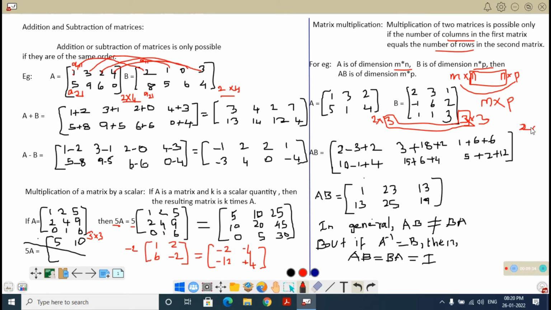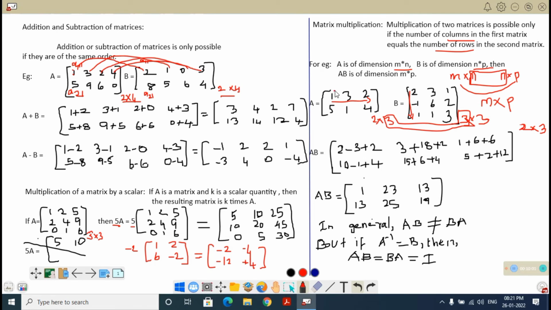That's all. So how are you going to multiply the two matrices? You have to take the first row and first column, and then find the product of the corresponding elements. Product of the corresponding elements means first into first, second into second, third into third. That's all.